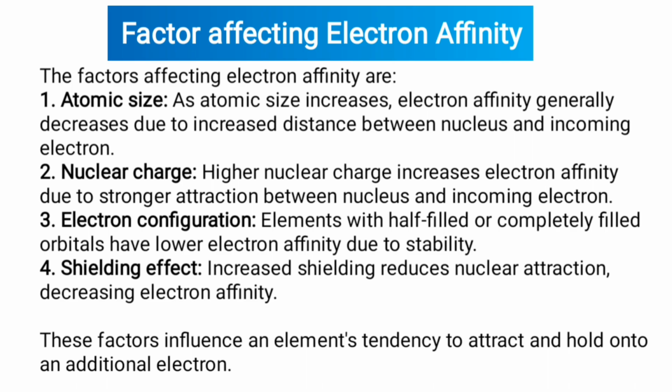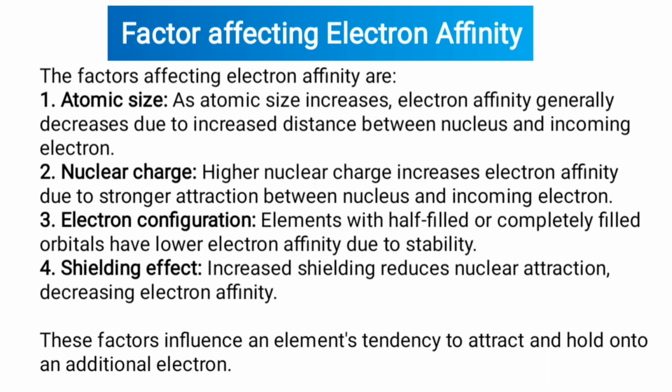As atomic size increases, electron affinity generally decreases due to increased distance between the nucleus and the incoming electron. The second one is nuclear charge. Higher nuclear charge increases electron affinity due to stronger attraction between the nucleus and incoming electrons.